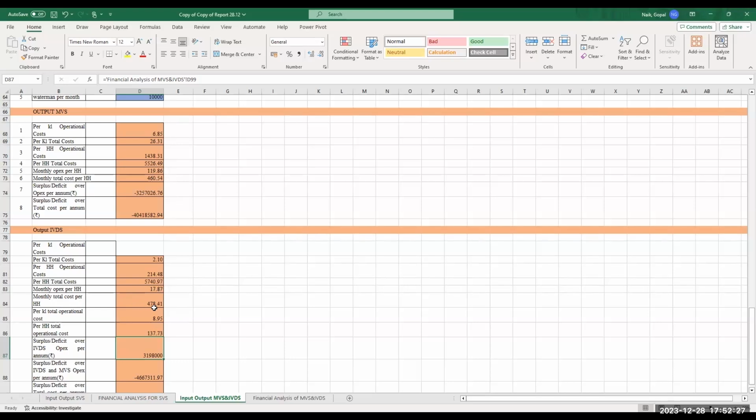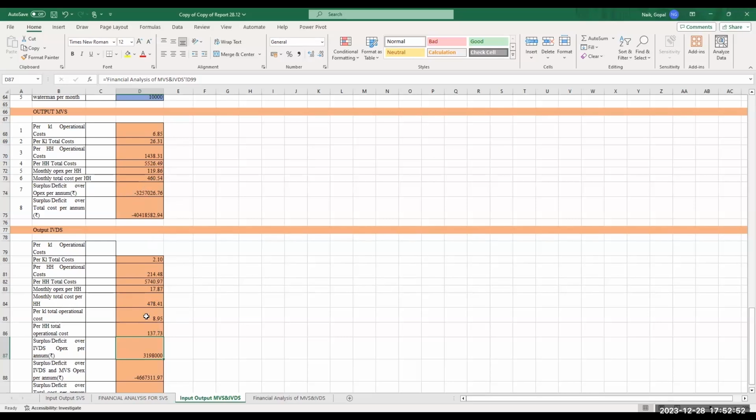Monthly total cost is 478.41, which is basically this one. This is actually the MUS monthly total cost, and add to that the operational cost of the IVDS. So that will give you the total cost per household at the IVDS level.